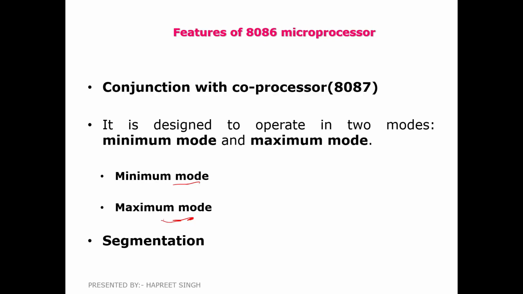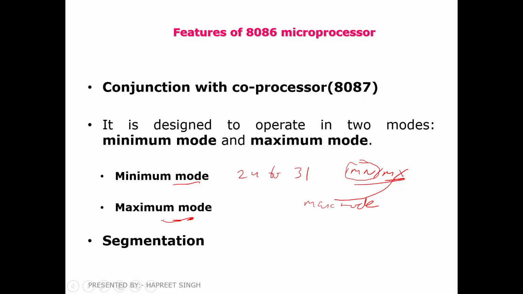In the pin diagram, pins 24 to 31 work in minimum mode when the MN/MX pin gives the signal to operate in minimum mode. When it gives the signal for maximum mode, then pins 24 to 31 act to operate the 8086 microprocessor in maximum mode.